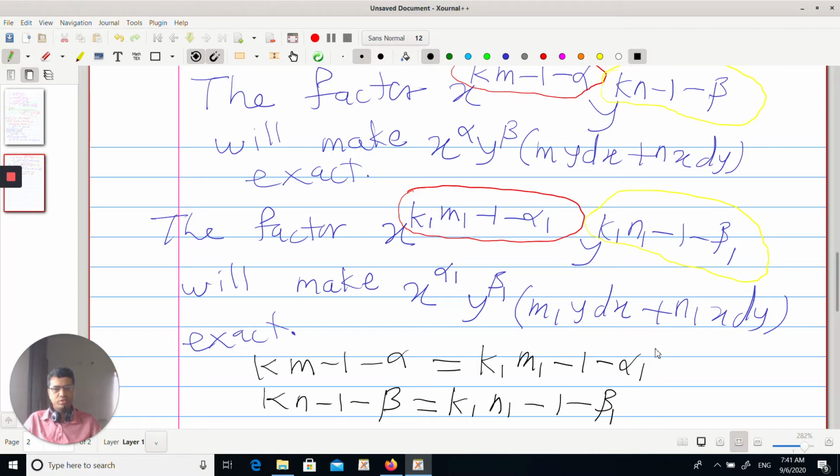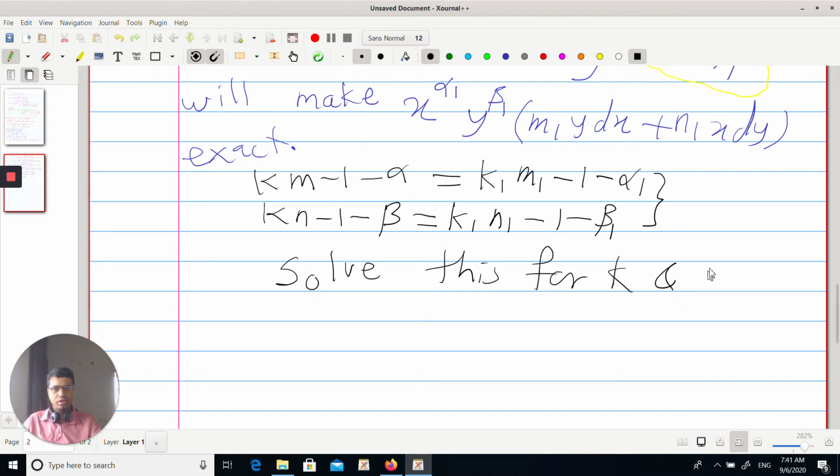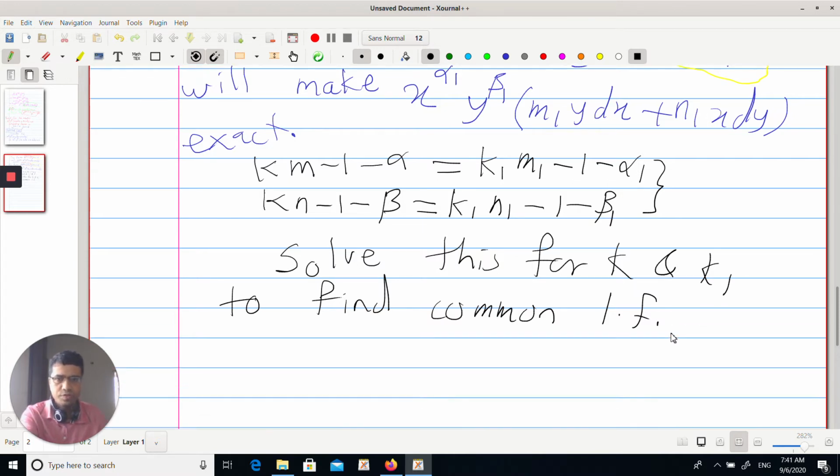So we solve this for k and k1 to find the common integrating factor. We solve one example of this kind.